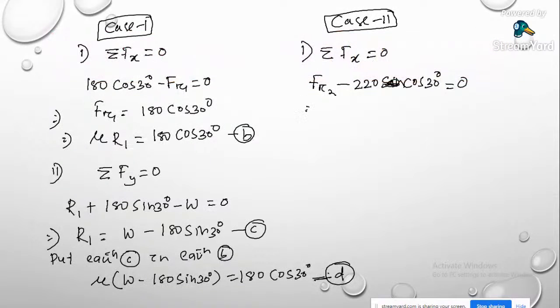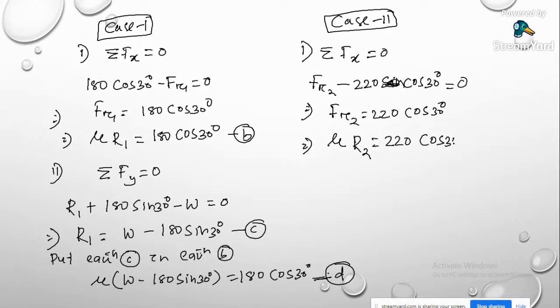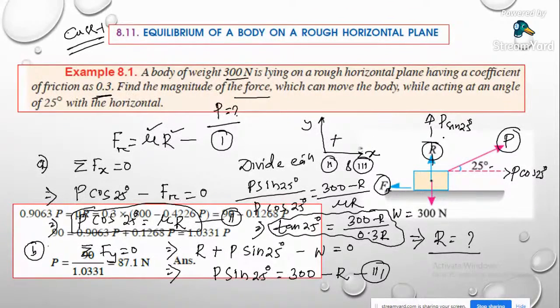So Fr2 will be equal to 220 cos 30 degree. What is Fr2? This is mu into R2, equal to 220 cos 30 degree. Let this be equation E.